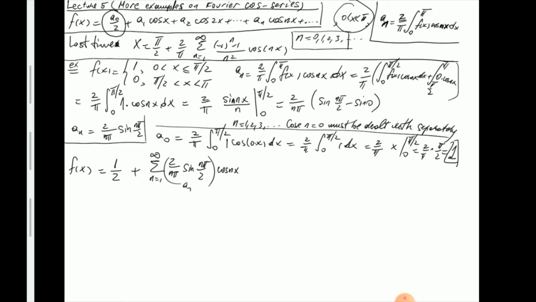But if you compare your answer to the answer given, say, in the back of the book, or even in the problem itself, since some problems will give you the answer and you're just responsible for going through the computation, be prepared to do some algebra manipulation to check whether you get the same thing, because often your answer is correct but in a vastly different form. For example, you will often see in the book any constant inside the summation pulled out of the summation, like 2 over pi in this case.